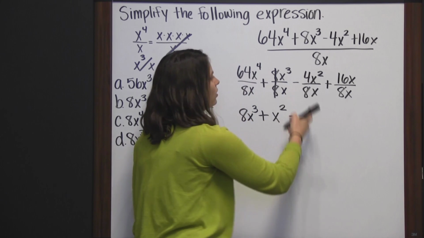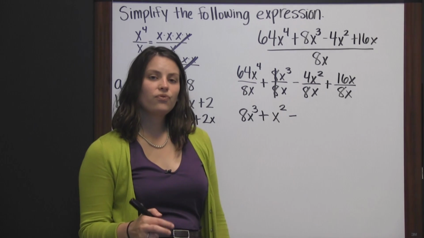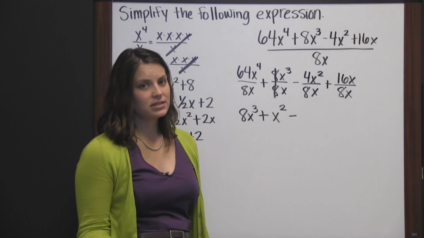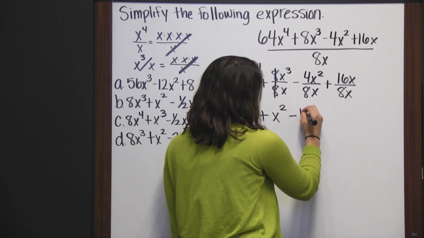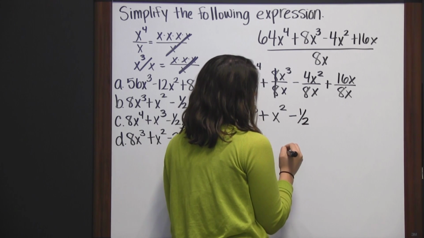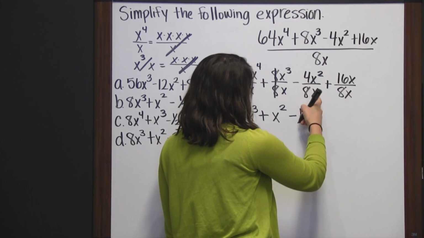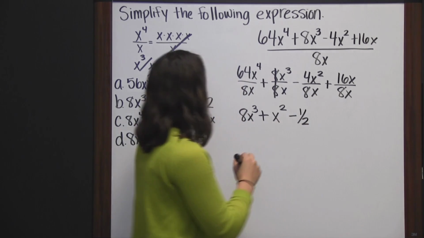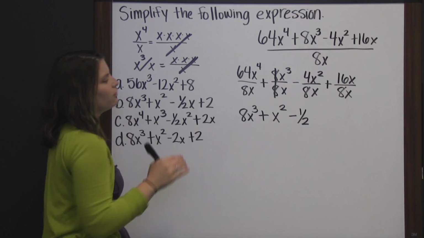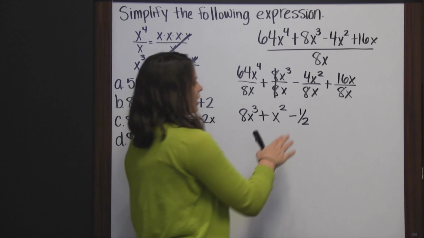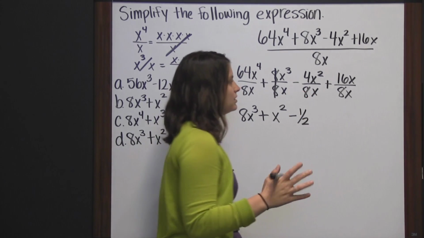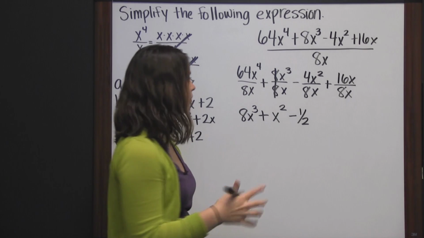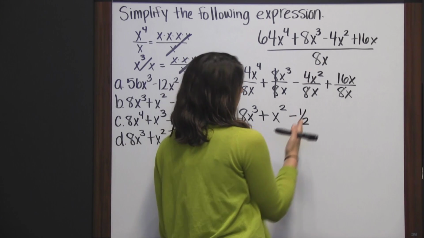Minus 4 divided by 8. 4 can't really be divided by 8, but we can simplify 4/8 as 1/2. And then x squared divided by x. You may have noticed from these 2 examples before that when we divide by x, or really when we divide at all, what we're doing is subtracting the exponents.